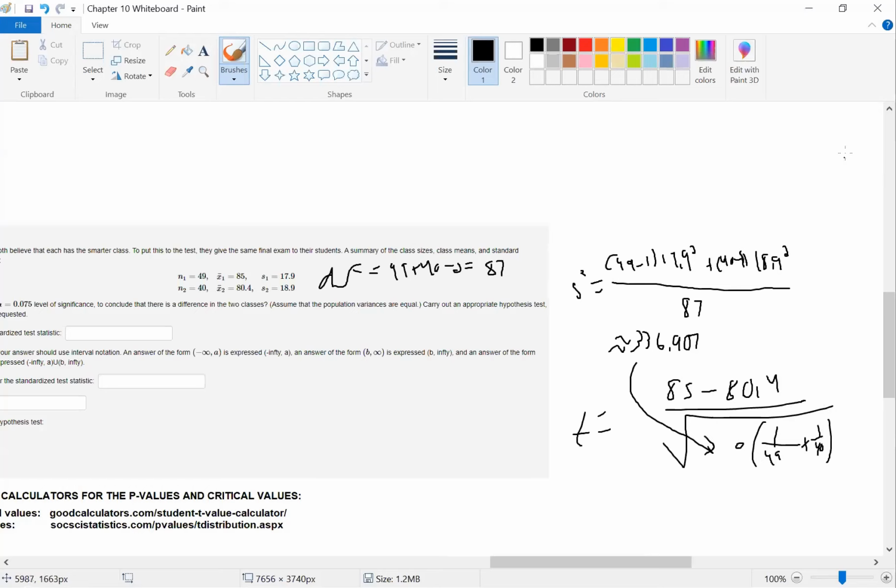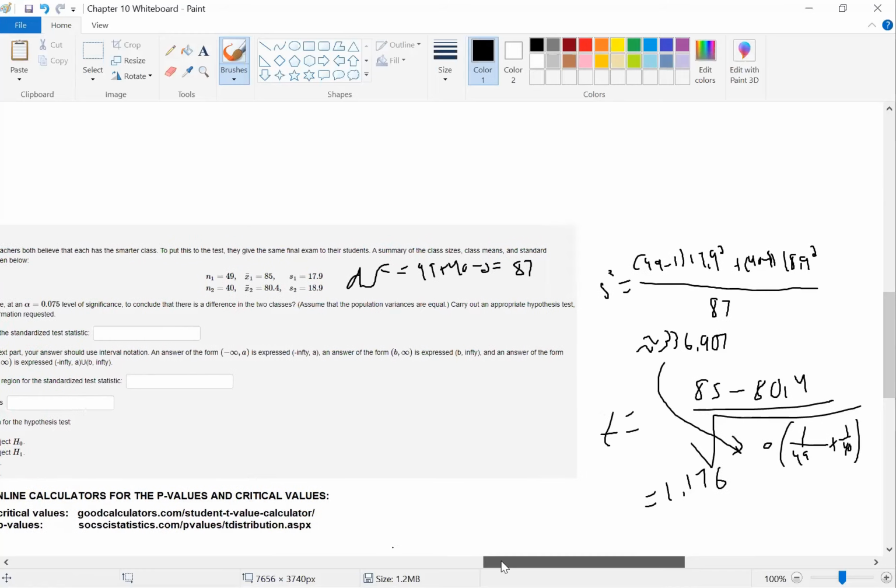So that is going to be 4.6 over the square root of 336.907. I'm just going to type in the whole thing so we don't have to worry about rounding, times 1 over 49 plus 1 over 40, 1.176.